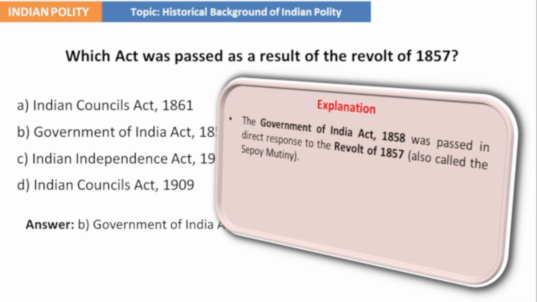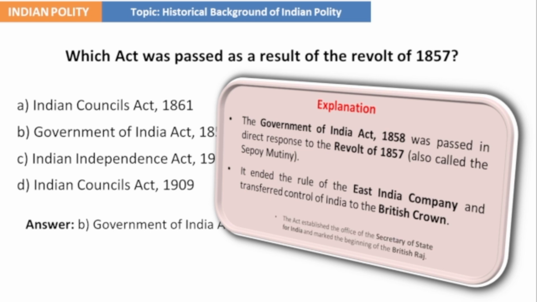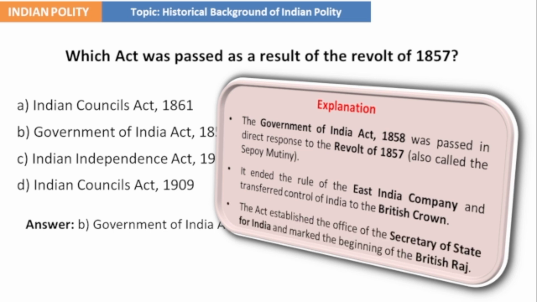The Government of India Act 1858 was passed in direct response to the revolt of 1857, also called the Sipahi Mutiny. It ended the rule of the East India Company and transferred control of India to the British Crown. The Act established the office of Secretary of State for India and marked the beginning of the British Raj.